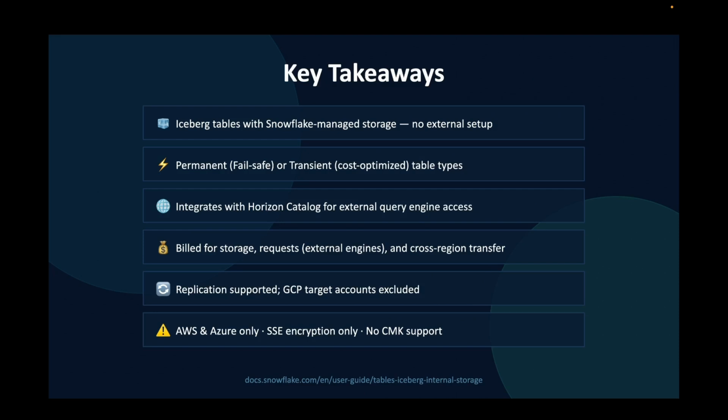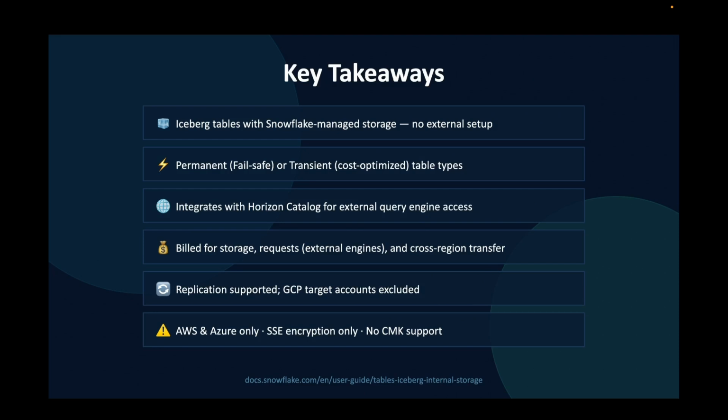It integrates well with Horizon Catalog for external query engine access. What it means: if I have a Spark query engine running somewhere else, it uses the Horizon Catalog IRC REST endpoints via vendor credentials to read the metadata and do reads and writes via external query engines.